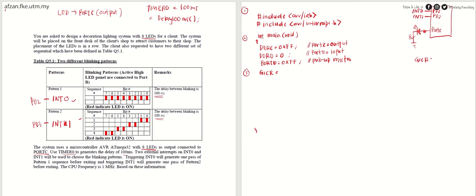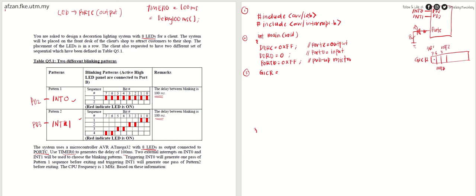GICR consists of 8 bits, and you only need to focus on the first 3 bits, bit 7, 6 and 5. This one is INT1, this one is INT0 and this is INT2.